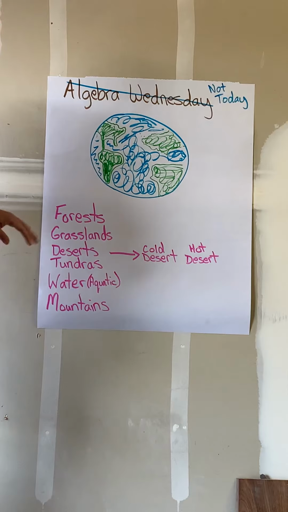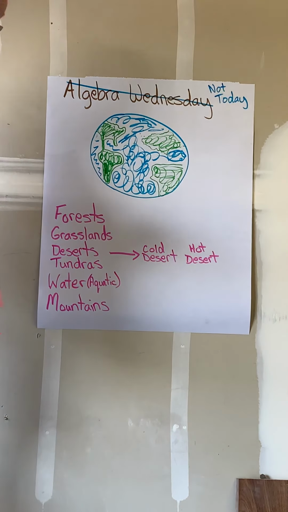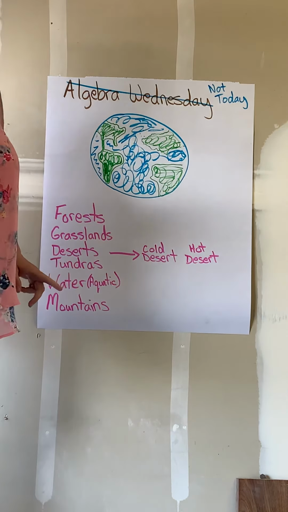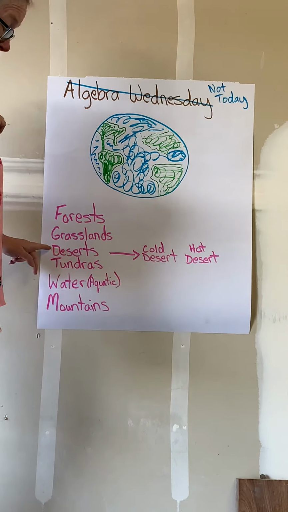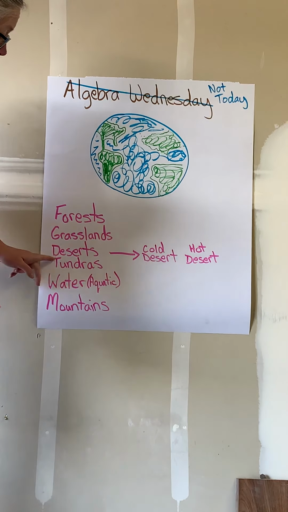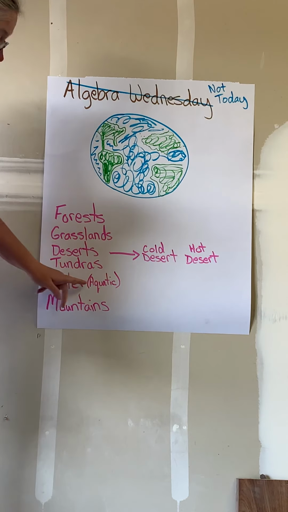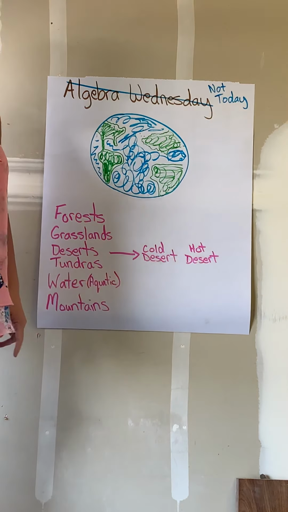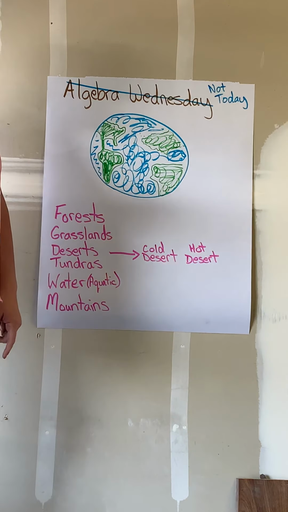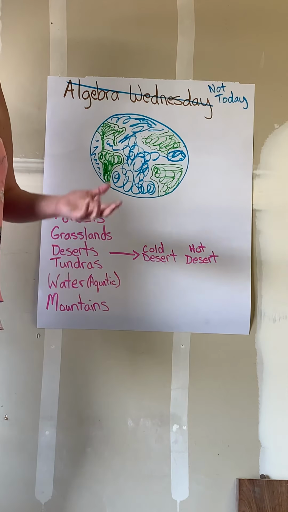Okay? So there are forests, there are what's called grasslands, deserts, tundras, water ecosystems, or aquatic. Everyone say that, aquatic. Aqua just means water.